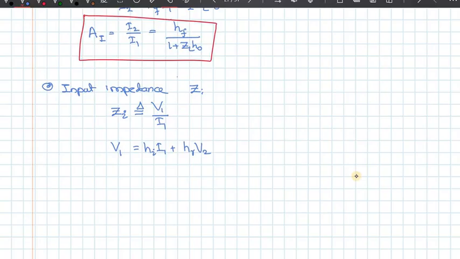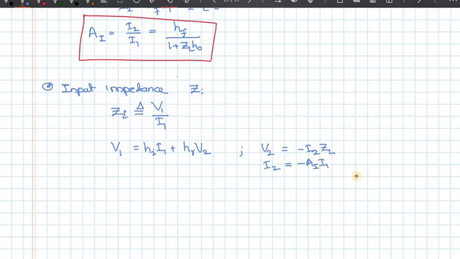What we need is an expression between V1 and I1 alone, but in this expression we have V2. We need to eliminate this V2. How are we going to eliminate V2? We write an expression of V2 in terms of others. We already have seen that V2 was equal to minus I2 times ZL. And also we saw that I2 was equal to minus AI times I1.